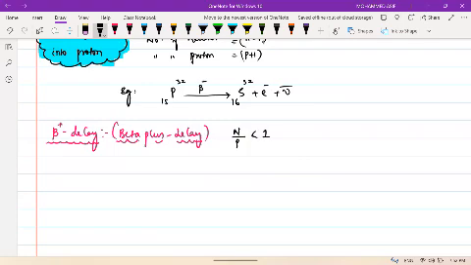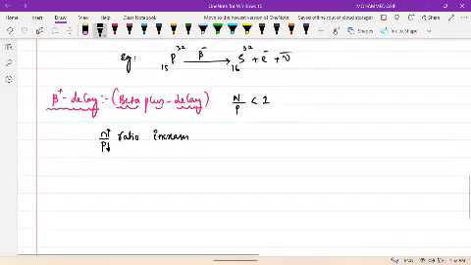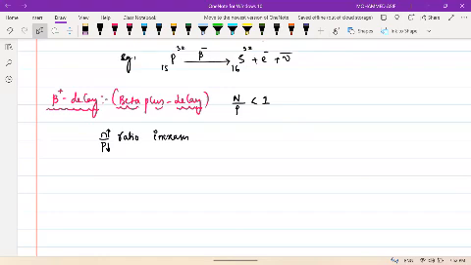That means N by P ratio is increasing. Why? Proton is decreasing in this one, whereas neutron is increasing. If proton is decreasing, what is happening to the ratio? Obviously, it will be increasing. So how do you write the beta plus decay reaction?